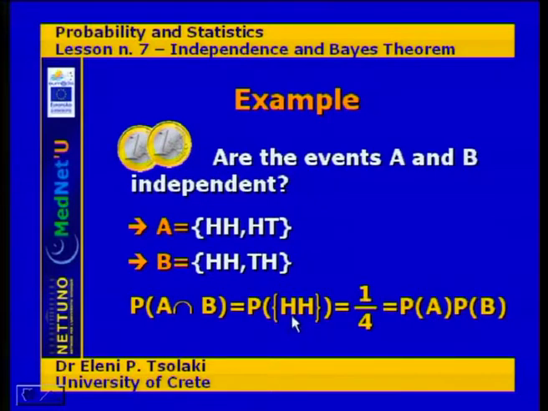This will have probability 1 out of 4 to occur, which we know is equal to the probability of A times the probability of B. We have calculated that A is half, so this is equal to 1/4 as well. And so events A and B are independent.